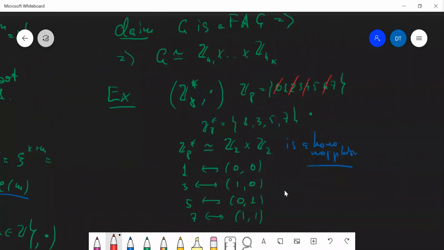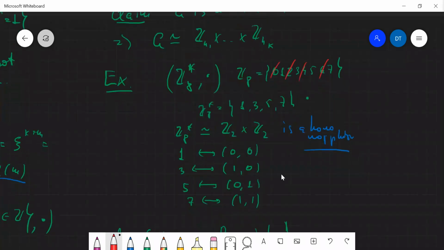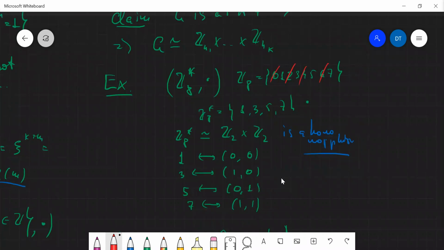The question is, in the homework where the task was for Z8 to find all subgroups, I found all the correct subgroups, like 0, 1, 3, 5, 7, but I wrote that Z8 itself is not a subgroup of itself because it's not a group, because it has 2, 4, and 6. Is it a mistake? I'm not sure that I understand your question. If you are given Z8 star with a product as a group and you want to describe its subgroups, then Z8 is a larger set containing this group.